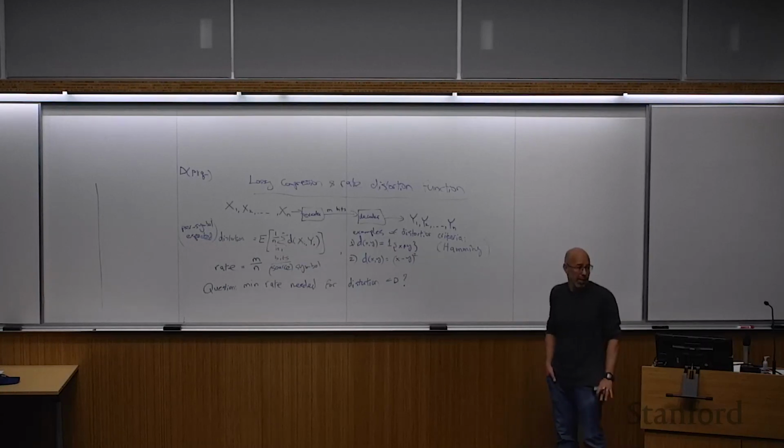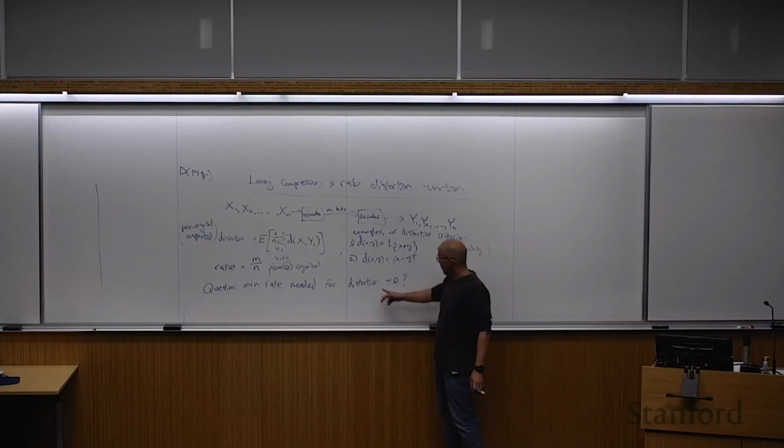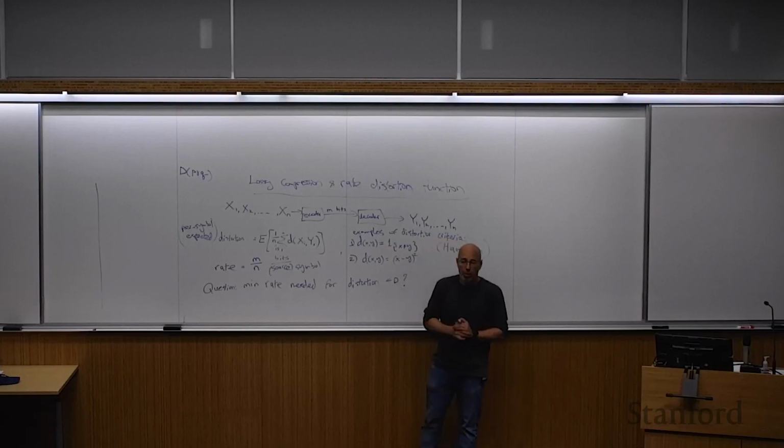Okay, so again, lossless compression, we've answered this. If this D is 0, what's the min rate that we need for distortion 0?